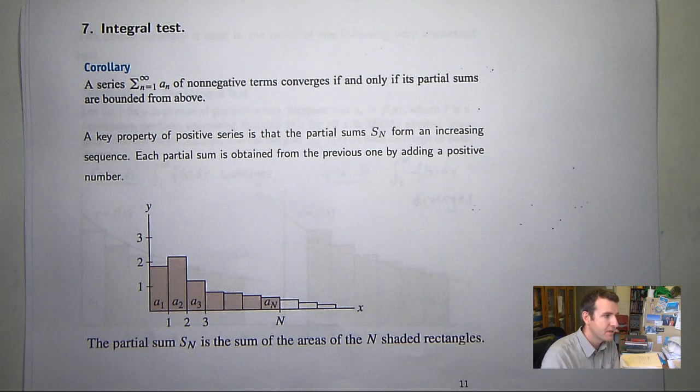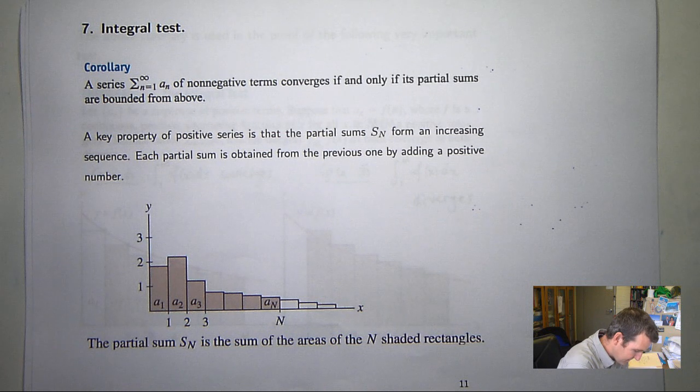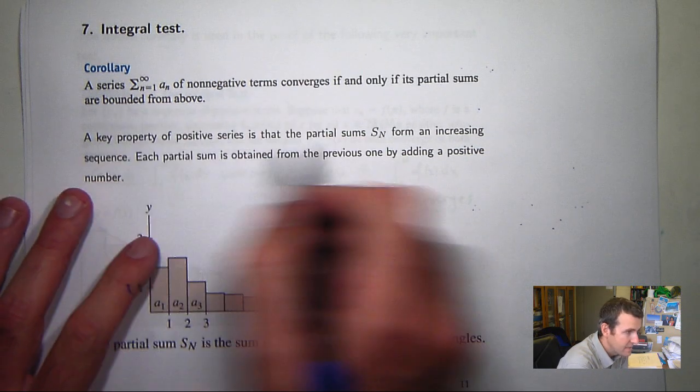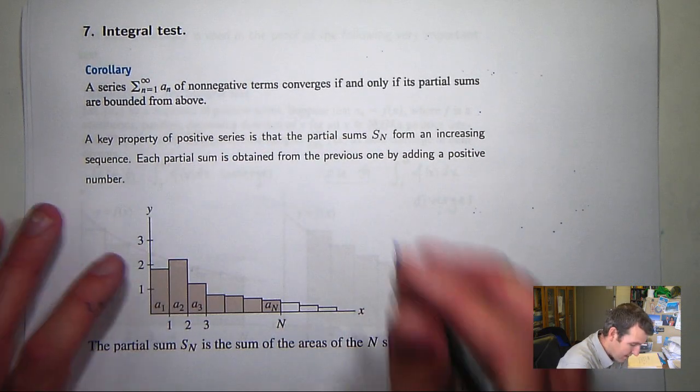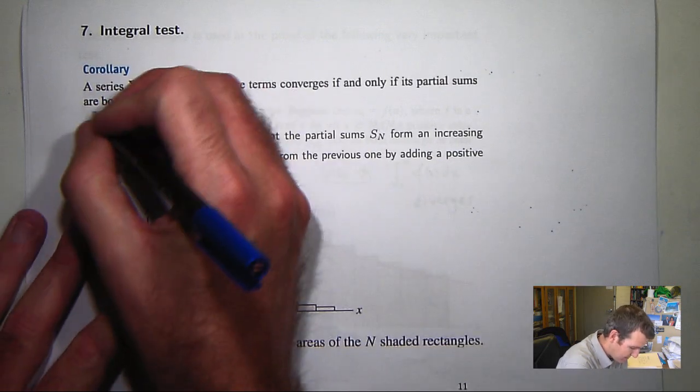Now, because we're going to deal with series with positive or non-negative terms, we can think of their partial sums as representing an increasing sequence. Basically what we're doing is we recognise that each partial sum is obtained from the previous one by adding a positive number.